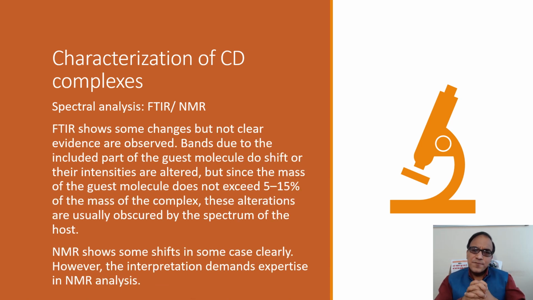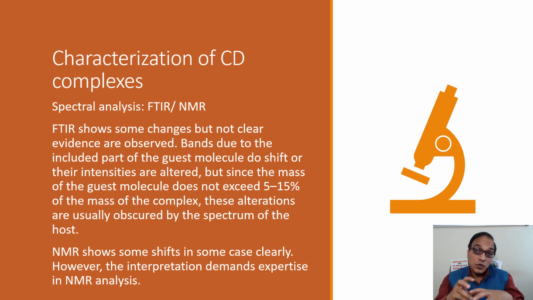Now first is spectral analysis by FTIR or NMR. FTIR, the infrared spectroscopy, shows some changes but no clear evidence is observed. Bands due to the included part of the guest molecule do shift or their intensities are altered.